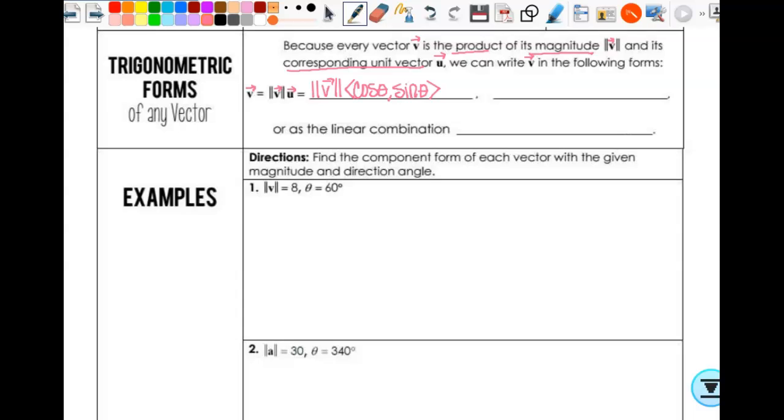Then from what we know about scalar multiplication, the magnitude is just our scalar, so we can multiply it by both components in there and get the magnitude of v times cosine theta, comma, magnitude of v times sine theta.